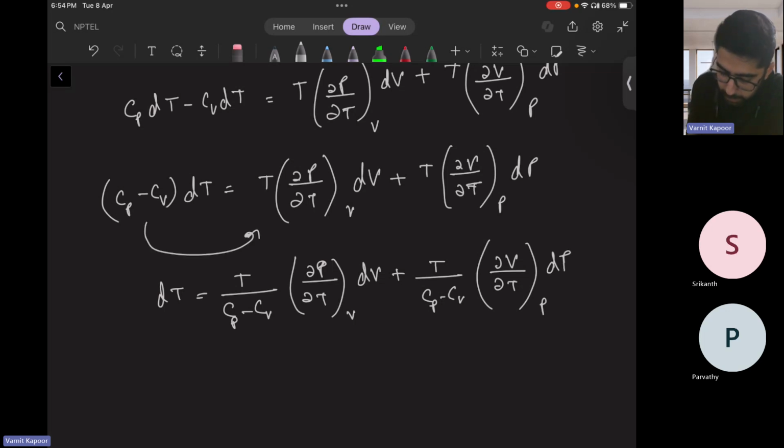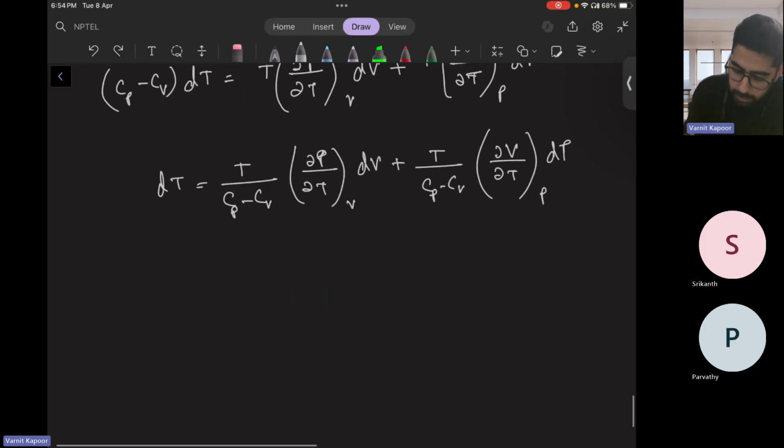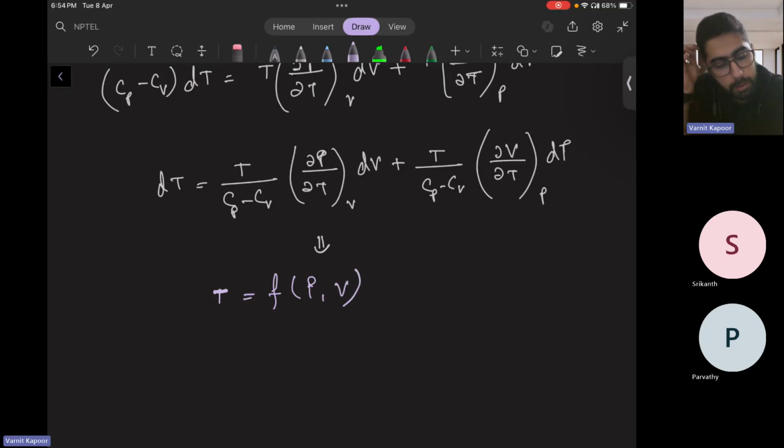I've taken this to the right hand side, just simple. Now, temperature is a function of pressure and volume.